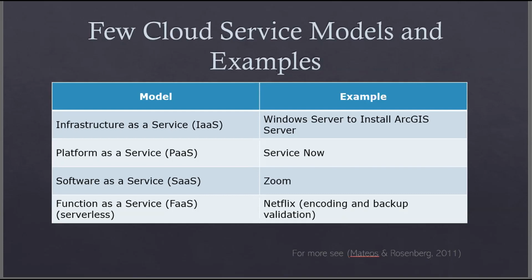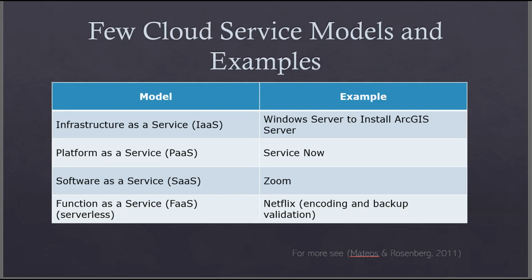You install and configure your application. One example is ArcGIS Server. So in the infrastructure as a service, you are given the Windows server, and then you manage yourself the installation and configuration of ArcGIS.